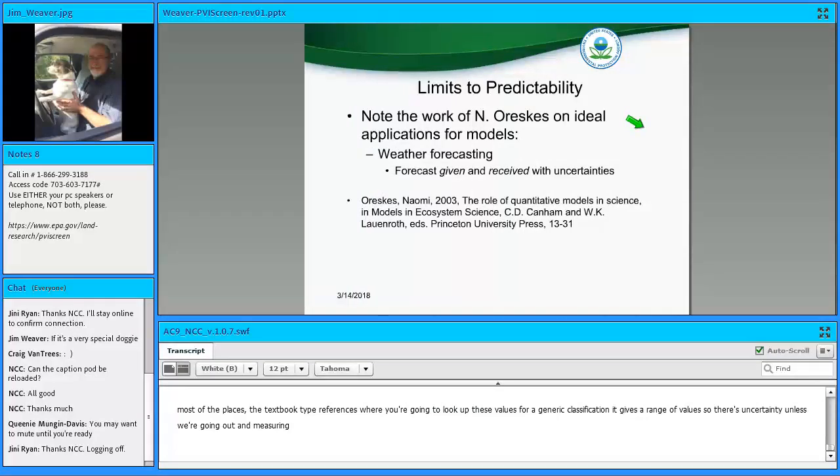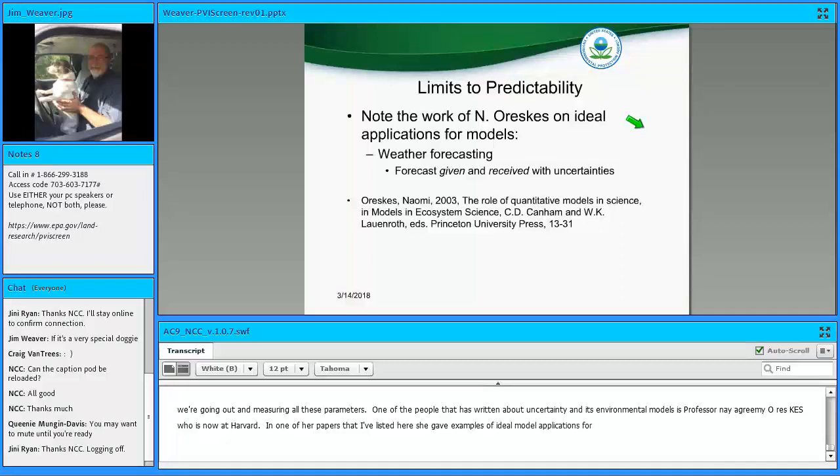Okay, one of the people that has written a lot about uncertainties in environmental models is Professor Naomi Oreskes, who's now at Harvard, but she's written some of the best stuff, I think, on environmental models. And in one of her papers that I've listed here, she gave examples of ideal model applications for environmental situations.